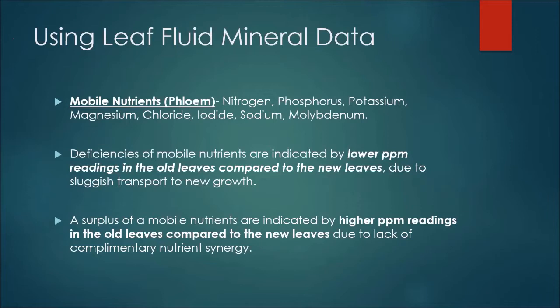Chemically, though, there are even deeper synergies that maybe we're not aware of, such as chloride binding to calcium, or sodium driving potassium, or aluminum limiting silicon, etc. So when you have a surplus of mobile nutrients, that means you don't need to feed any more of those nutrients at that given time, and that any crop problems you're experiencing are due to some other reason.